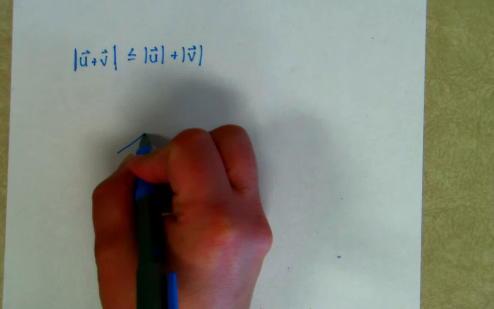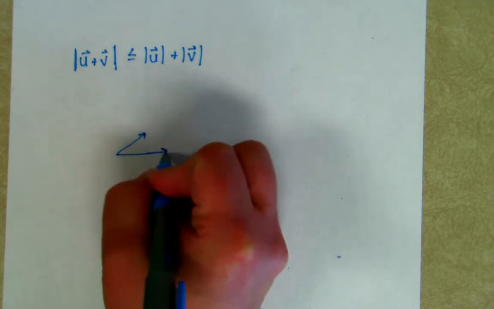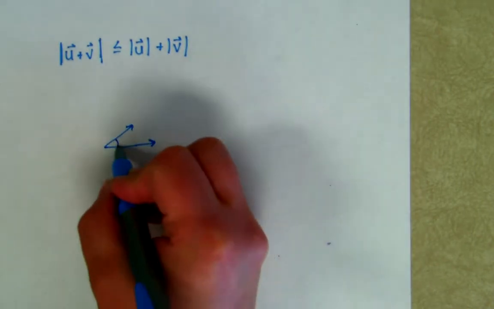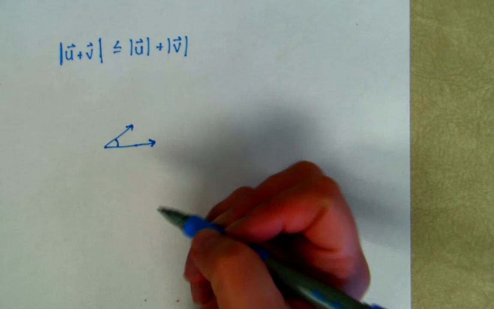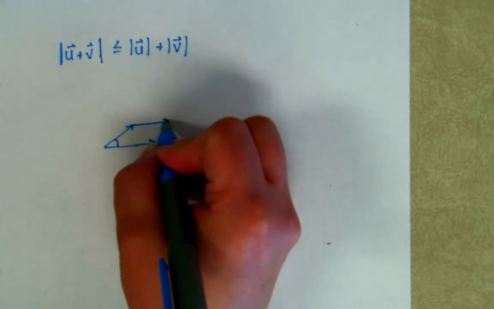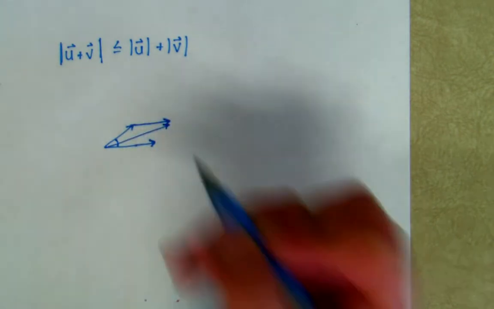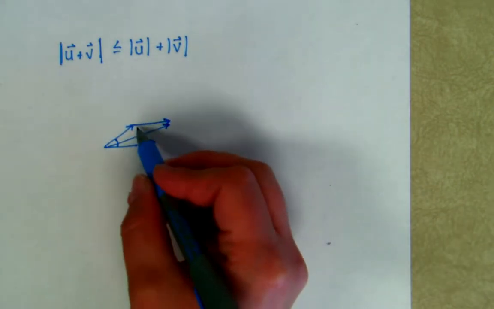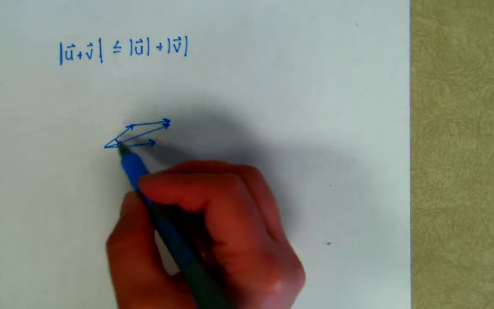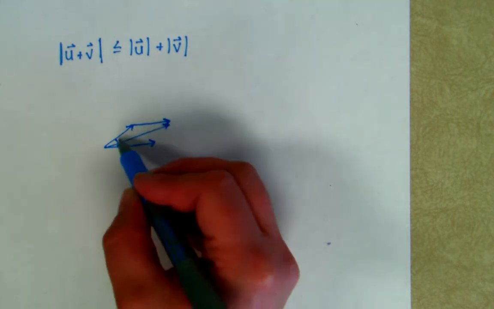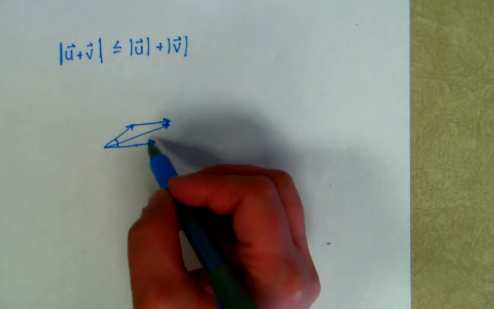So if I look at the angle between u and v, so here I have an angle somewhere between 0 and 360. The triangle law of addition says that I slide them so they're tip to tail and add them up. So this side is shorter than those two added together because I've created a triangle.